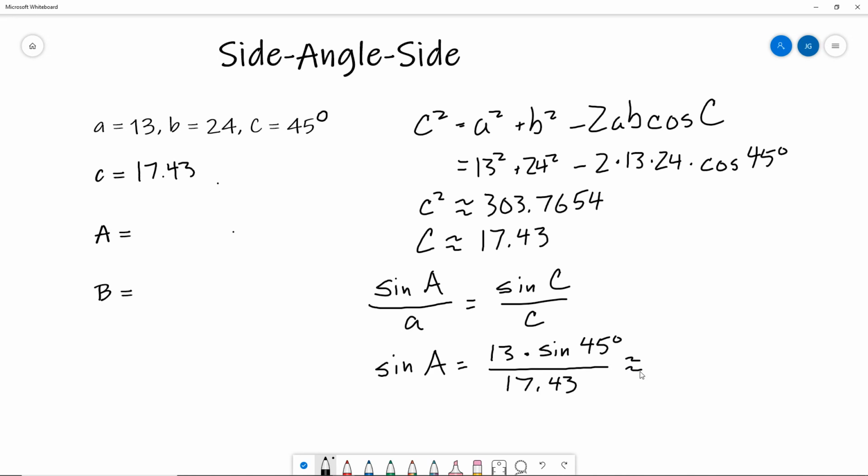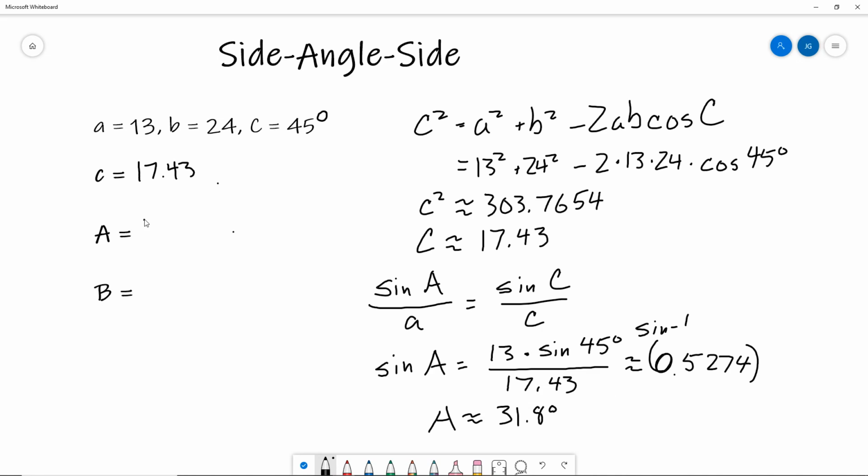Plugging that into a calculator will get me approximately 0.5274. Now I'm going to want to take the inverse sine of this value to get me an A, and the measure of my angle A is going to be approximately 31.8 degrees.